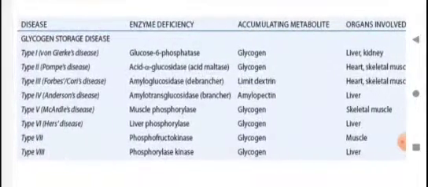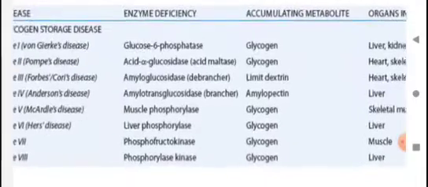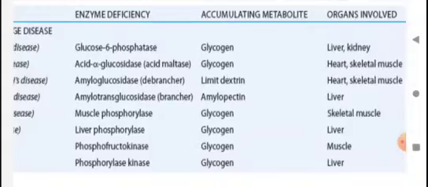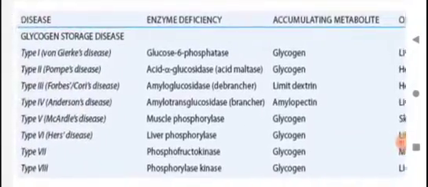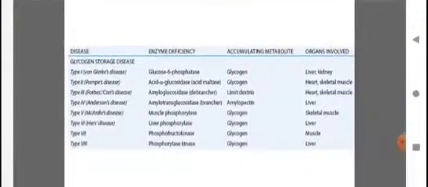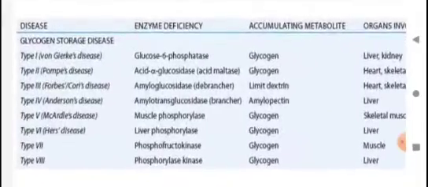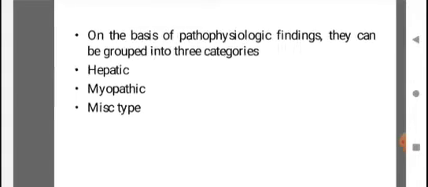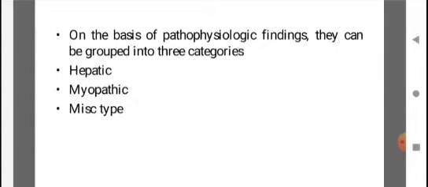So these are examples of various subtypes of glycogen storage disease with associated enzyme deficiency and organs involved. On the basis of pathophysiologic findings, they are divided into 3 categories: hepatic, myopathic, and miscellaneous type.